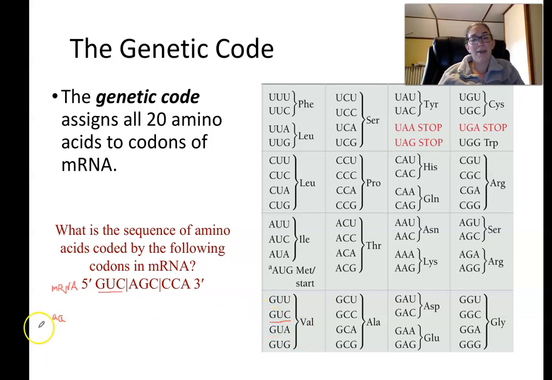That encodes the amino acid valine. AGC, where are you? Right here, encodes serine. And CCA is right here, and it encodes proline. So this mRNA encodes the amino acid sequence valine, serine, proline.